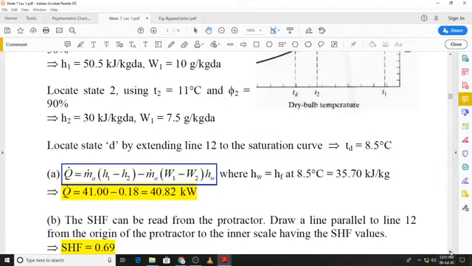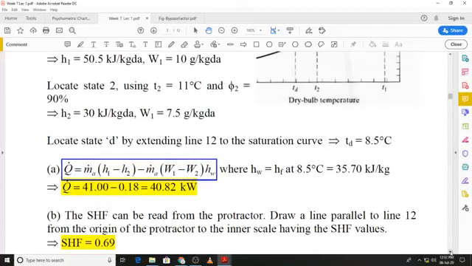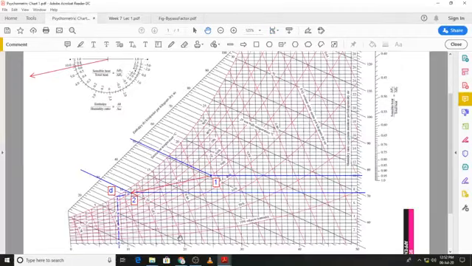Okay, the sensible heat factor. Again we can make use of the protractor over here, because we have already got the process line 1 to 2. All we have to do is draw a line parallel to line 1 to 2 onto the protractor and read off the sensible heat factor value from the inner scale. If you look at it, the process line 1 to 2 is also drawn in the protractor.